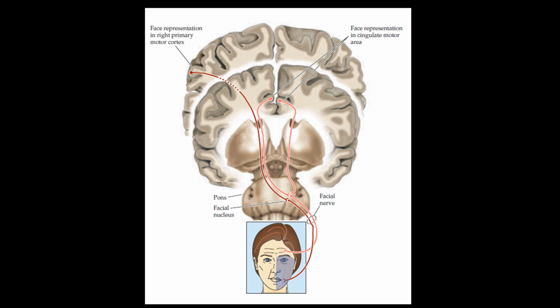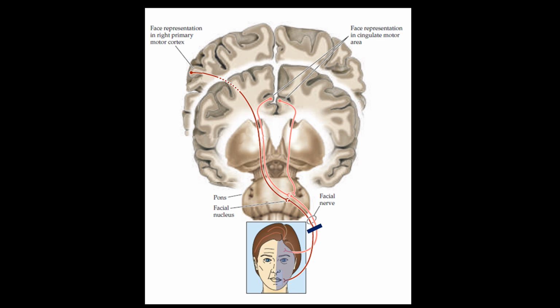Clinical manifestation would be the same with a contralateral internal capsule lesion, because the ipsilateral upper motor neuron innervation from the cingulate gyrus will not be affected, and it will suffice for the contraction of the forehead.